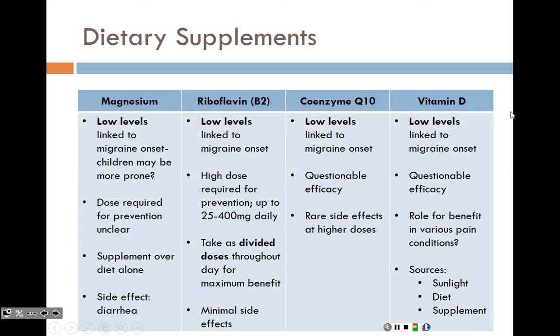It's thought that people who have low levels of all four of these different dietary supplements in their diet might be more prone to having migraine onset. And so sometimes physicians will recommend supplementing any or all of these as a way to reduce the frequency of migraines.